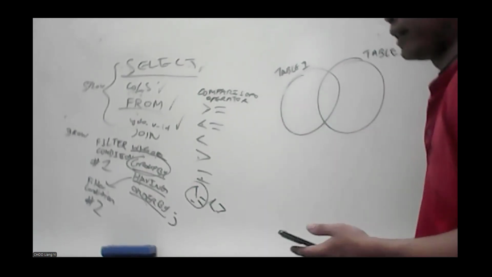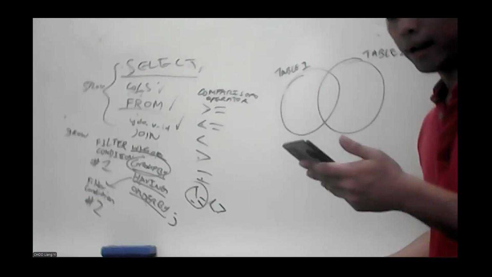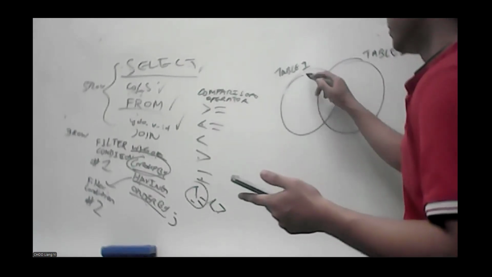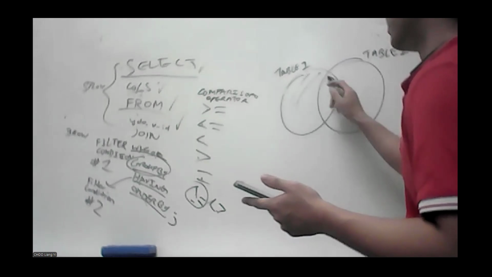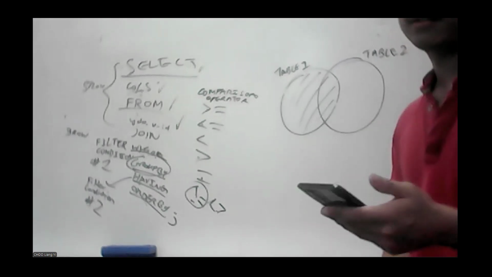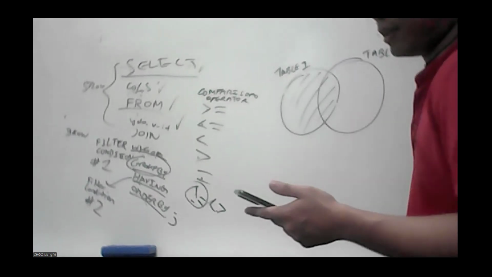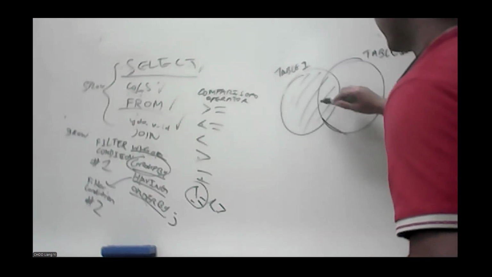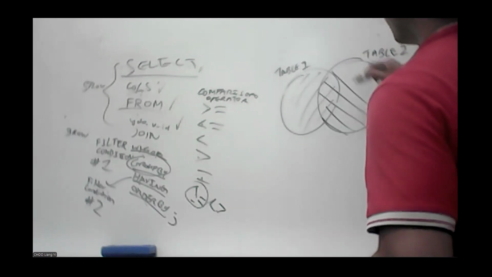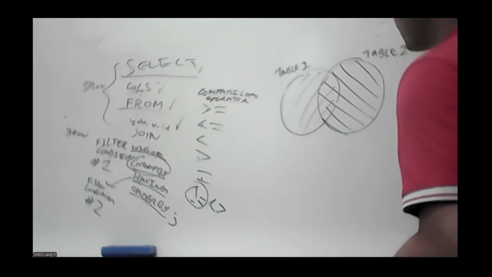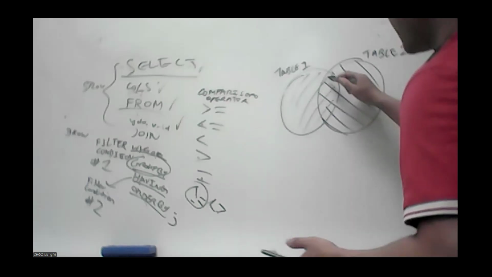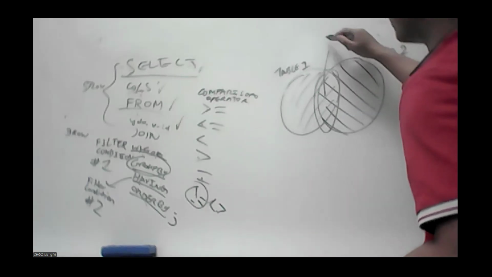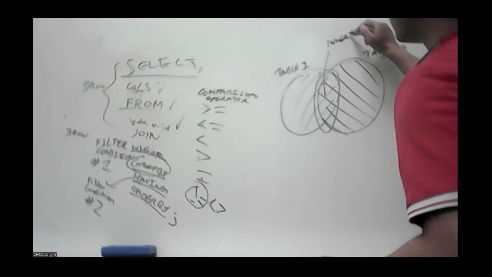If you want to get everything only from table 1, you do a left join. So left join will give you this entire thing. If you want to get everything from table 2, you do something called a right join. Then if you want to just get this part, this thing is called inner join.